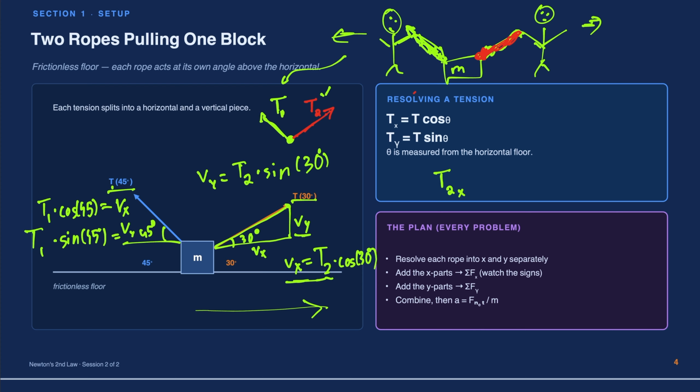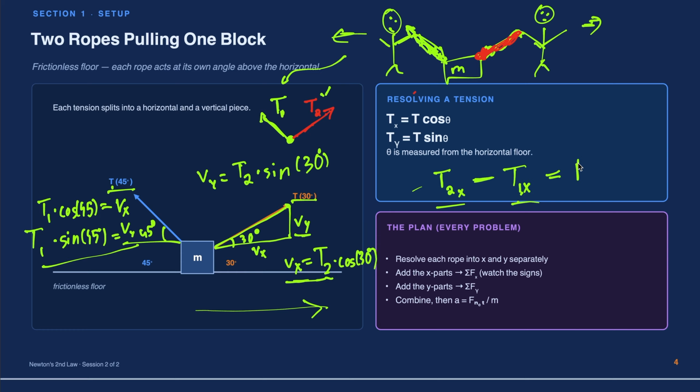It's going to be in the positive direction. And you're going to subtract which vector? T1x, because it's in the opposite direction. And remember, you can't subtract vectors themselves. You can only subtract x and y components of the vectors.